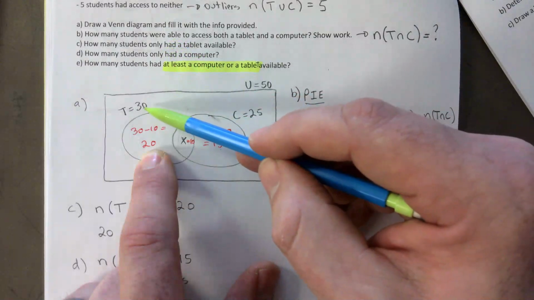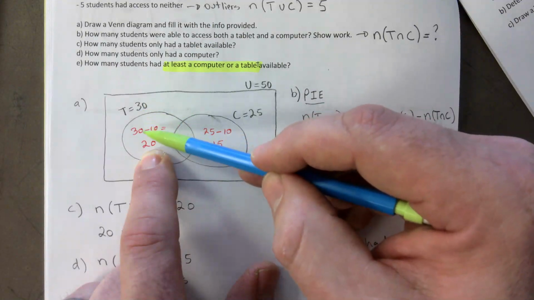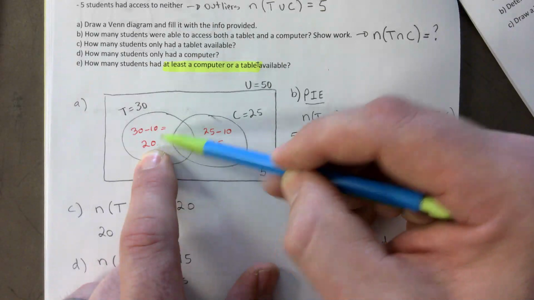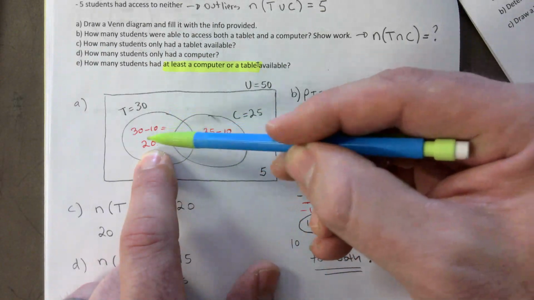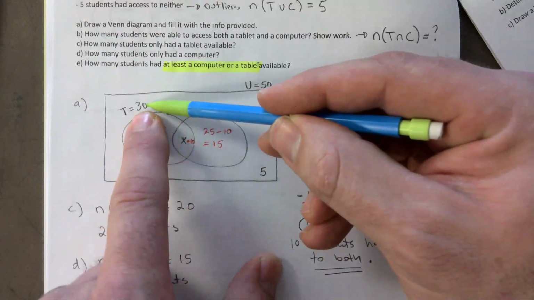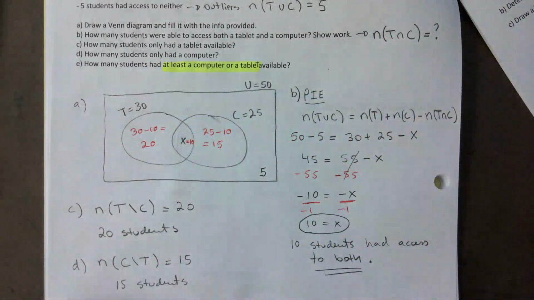Would the 20 go here? No. The word only indicates that the 20 should go in here. So in that case, if you get the middle and you have this, you would add these up to get the 30. So you're going to have to look carefully at your diagram and ask yourself, does it make sense the way it's going?